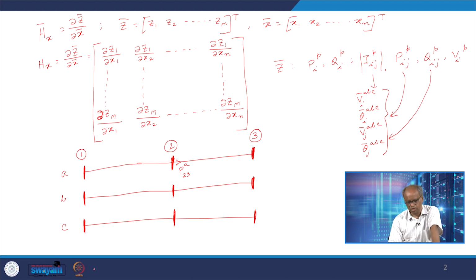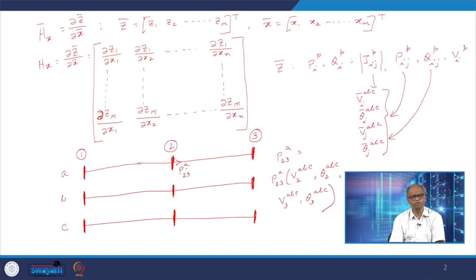Then from this expression, P23A would be only a function of V2ABC, theta 2ABC, V3ABC and theta 3ABC, right.